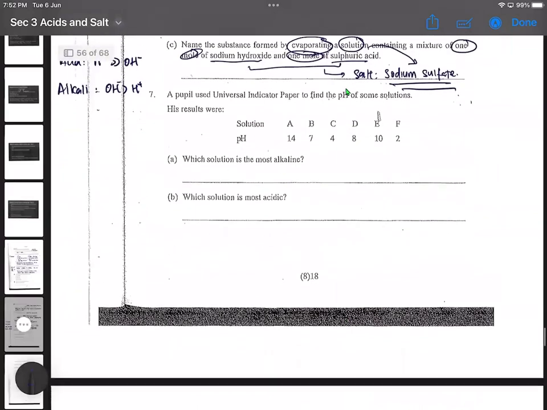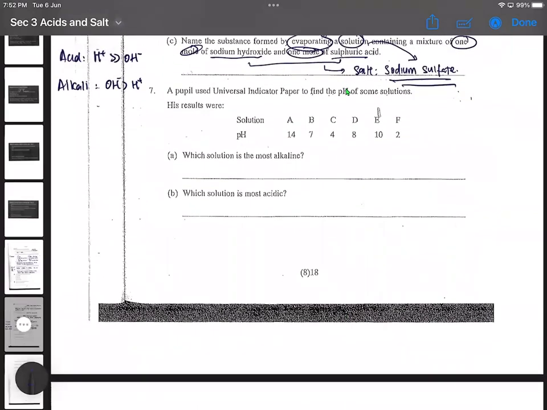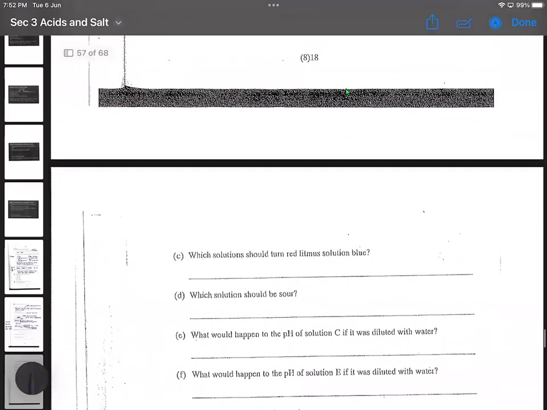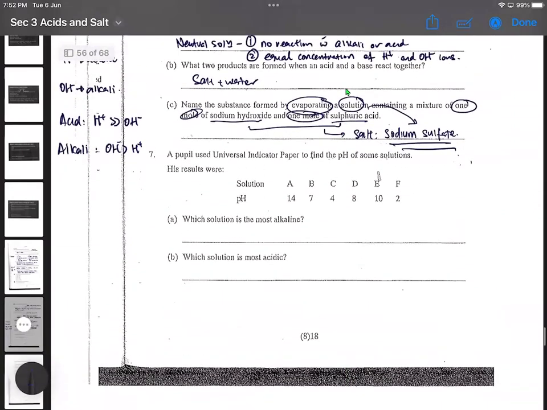Okay, for question 7, can I give you 1 or 2 minutes to sort out the alphabets for this? Then we will check the alphabets together. Question 7, let you all try this out.